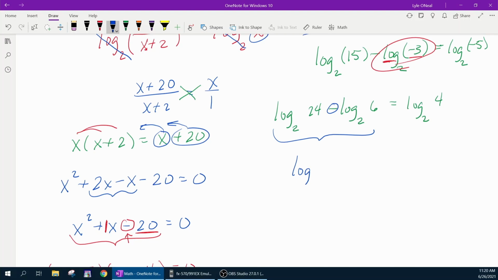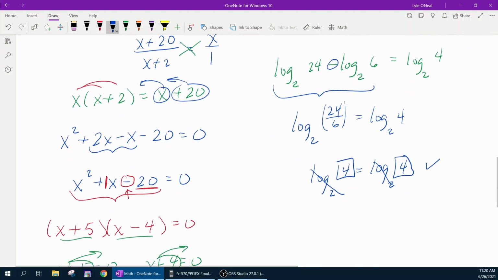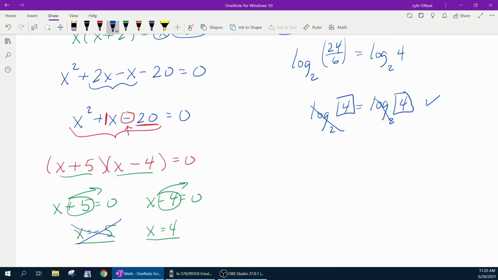That's going to give us log base 2 of 24 over 6 equals log base 2 of 4. And what is 24 divided by 6? 4 times 6 is 24. That's going to simplify to log base 2 of 4 equals log base 2 of 4. And obviously, those are going to work out and be equivalent. And so what does that mean? That means our answer is 4, and that is the only correct answer. You would not include -5 in your solution set.